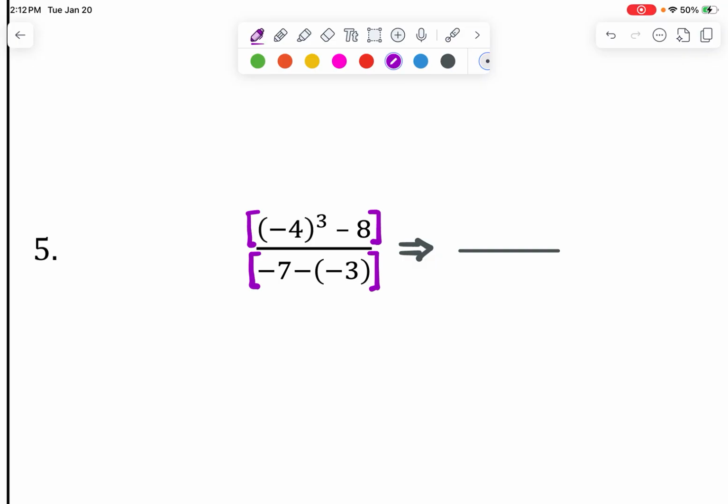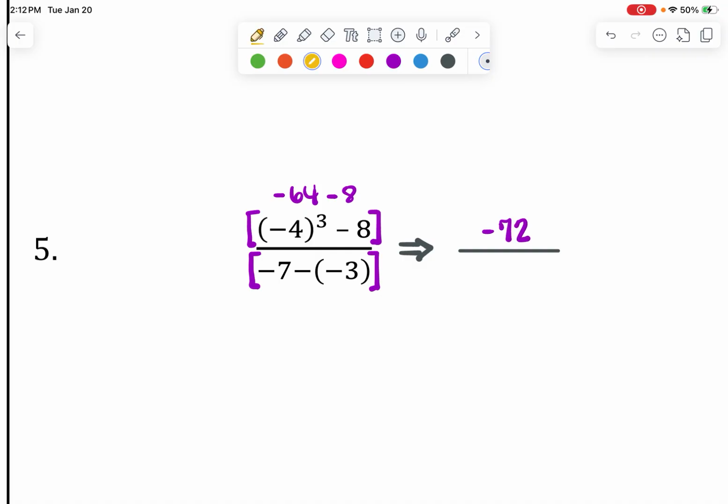So negative 4 cubed, please use your calculator. Negative 4 cubed means negative 4 times itself 3 times. And that's going to give us, and I'm just going to write it above if you're cool with that, negative 64. And then negative 64 minus 8 is going to give me negative 72 for my final numerator.